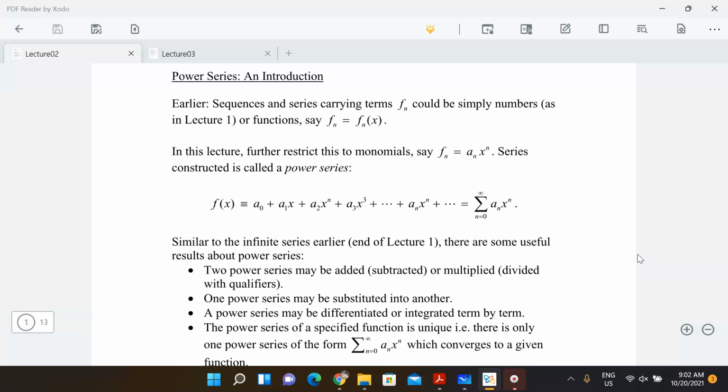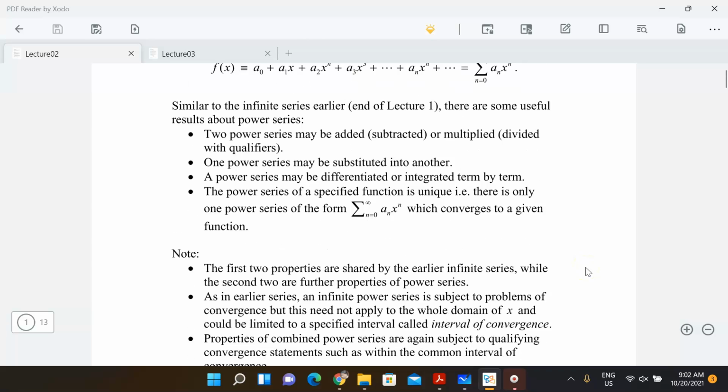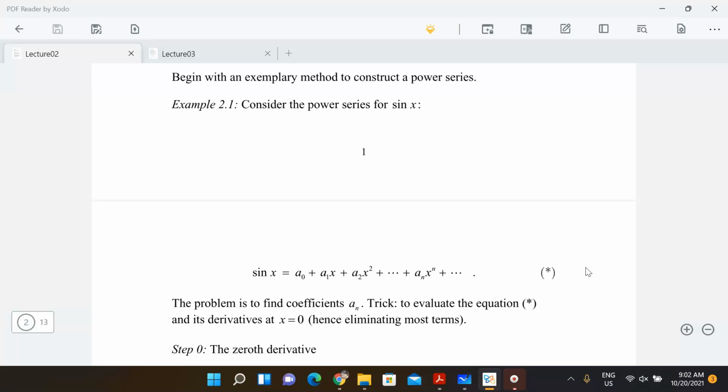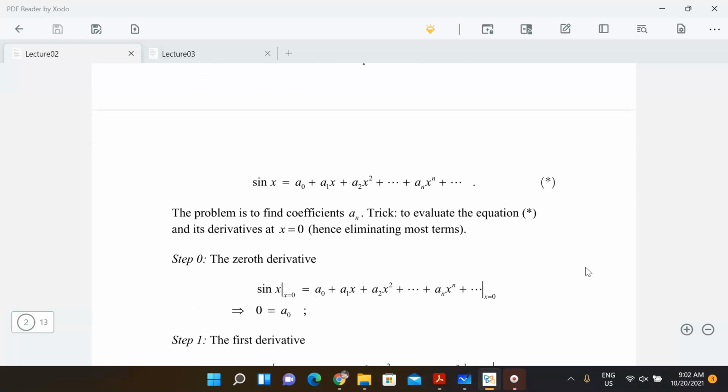We have actually discussed that, and we've gone through the example of a power series for sine x, and how we take derivatives of the power series expansion, and then you'll be able to get the coefficients that you have over here, which are unknown.